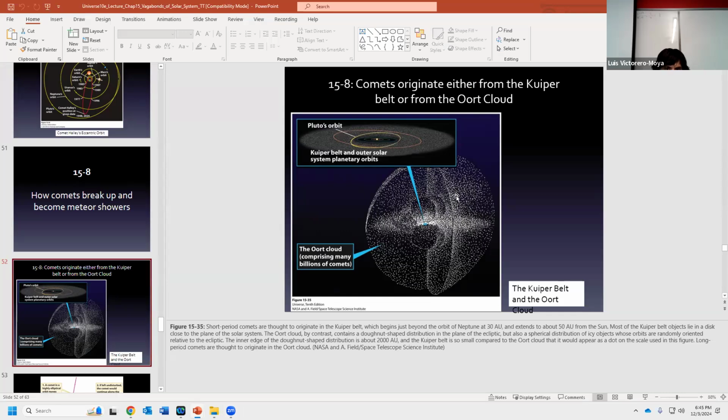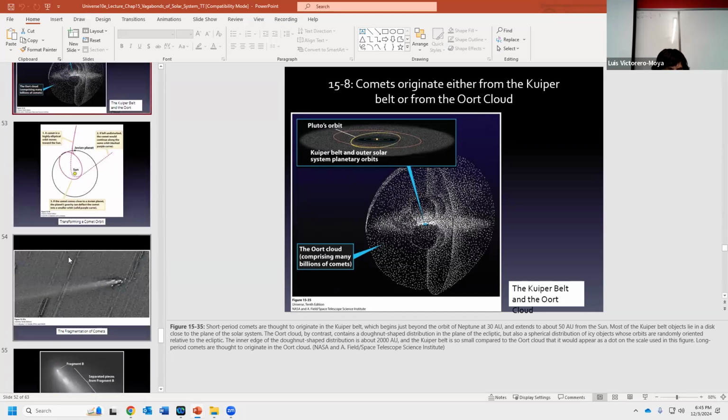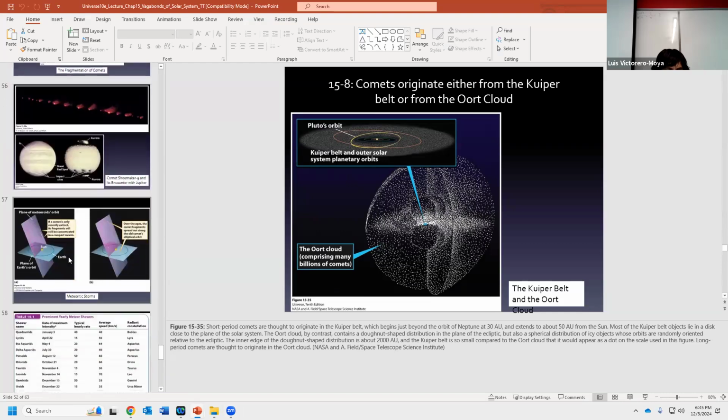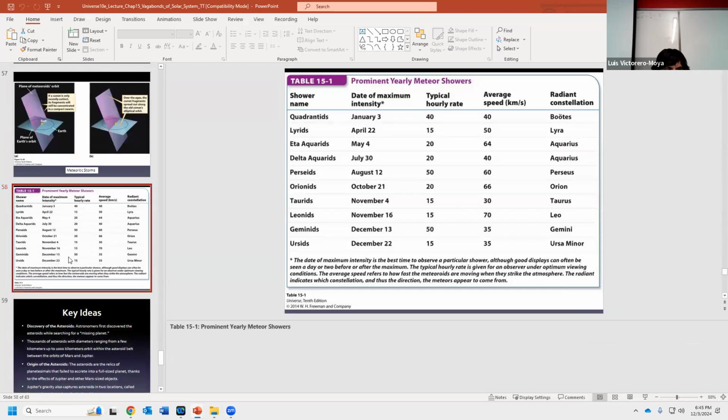Comets have two sources, the Kuiper belt and the Oort cloud. Asteroids are coming from the orbits between Mars and Jupiter. And the composition, as I said, asteroids are mostly made of rock and metal, while comets are mostly made of ice and some rock.